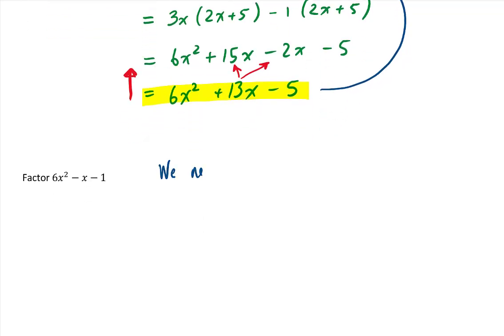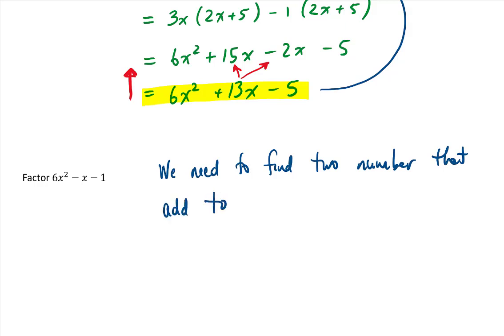We need to find two numbers that, first of all, add to the middle term. So in this case, add to the b value, which in the example here, we see that b equals negative 1. That's right here.